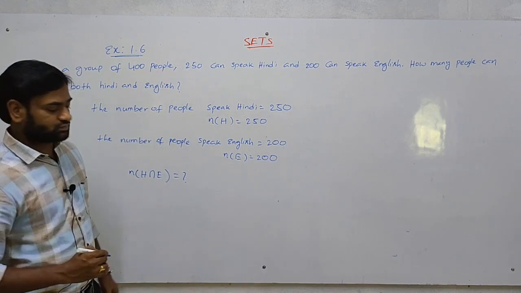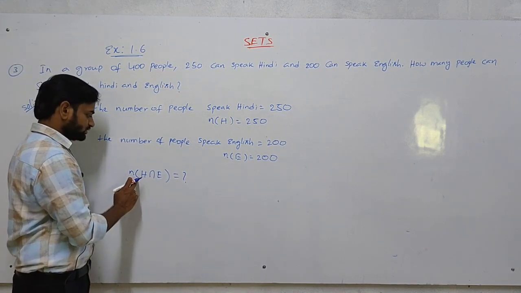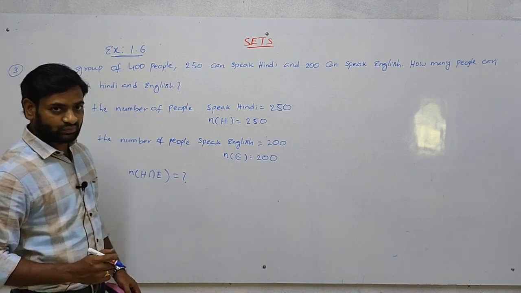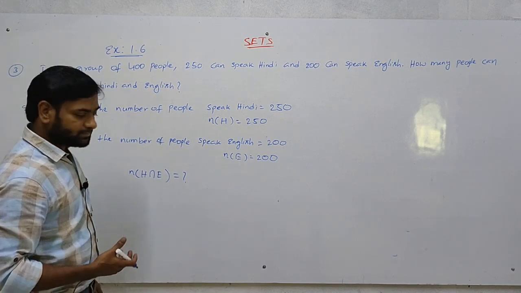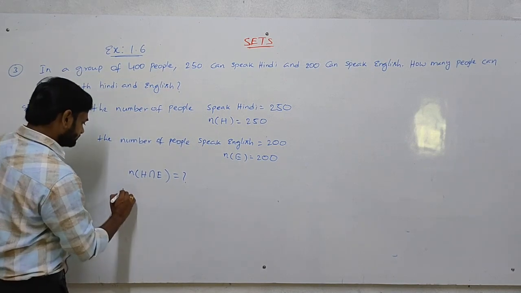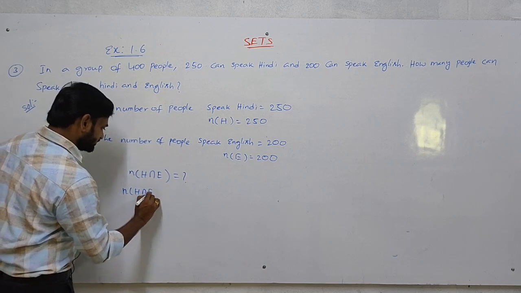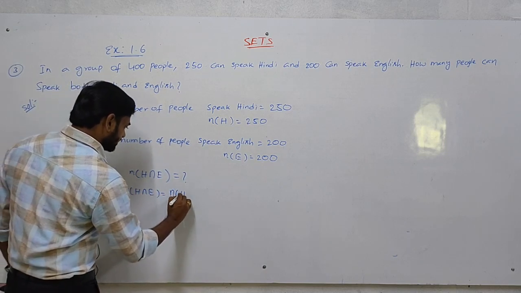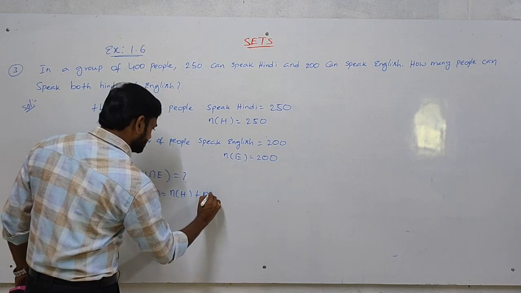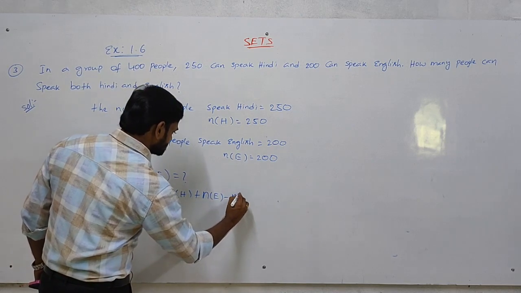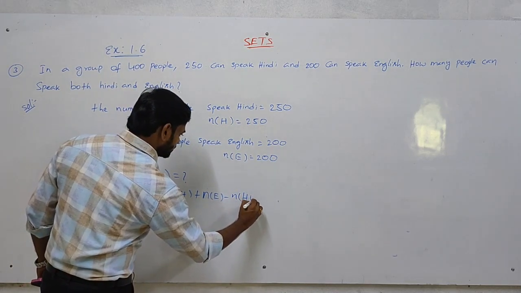So what is the value of this one? H intersection E. So actually what is the formula? n of H intersection E is equal to n of H plus n of E minus n of H union E.